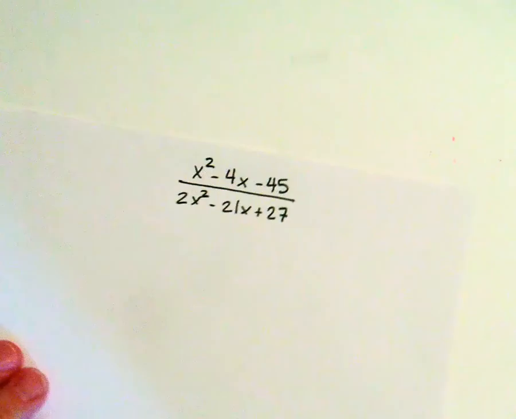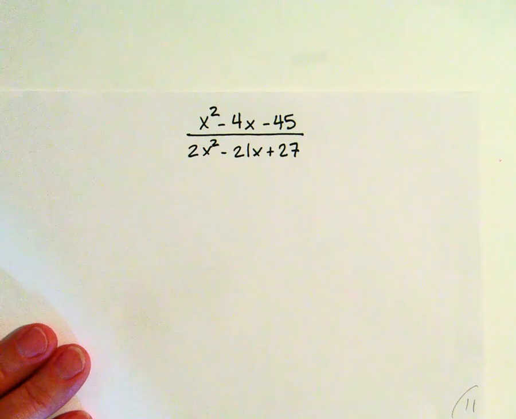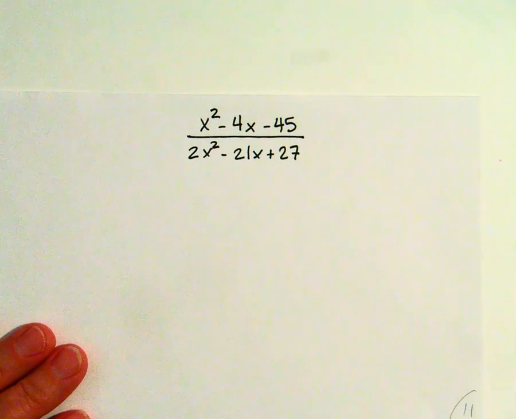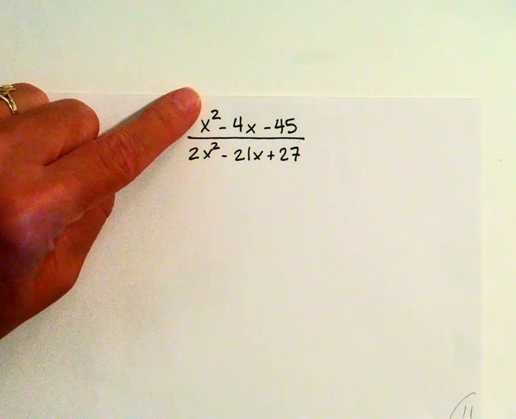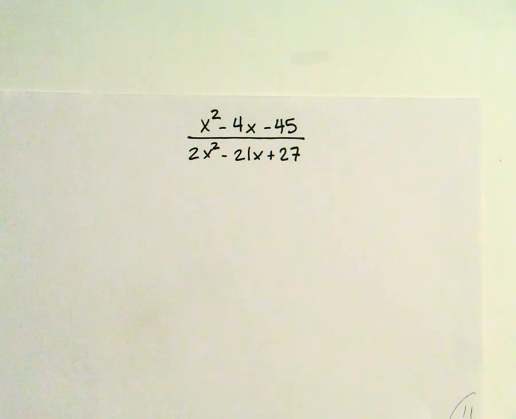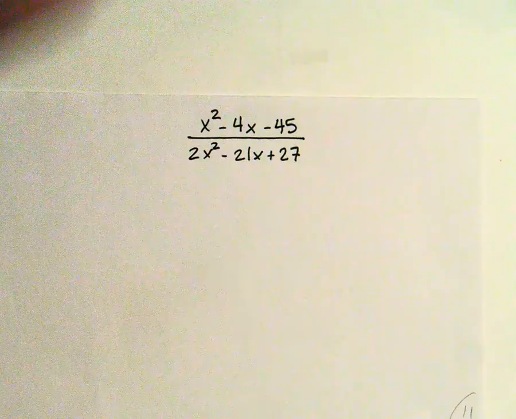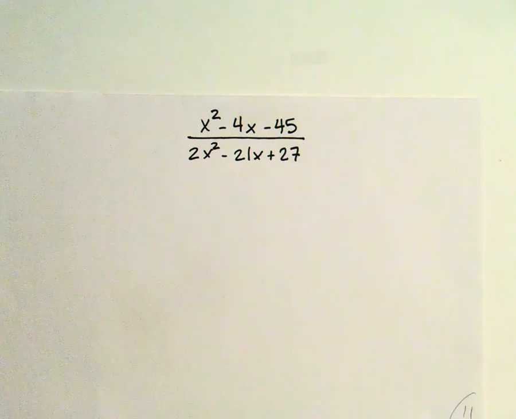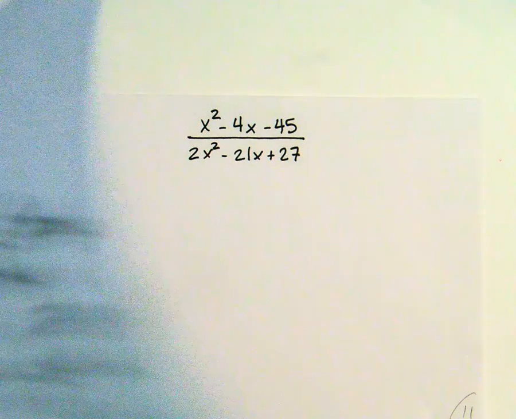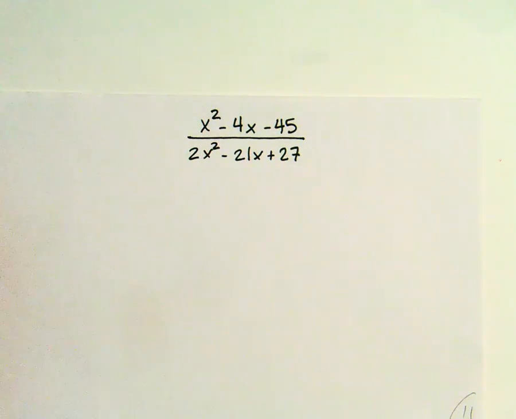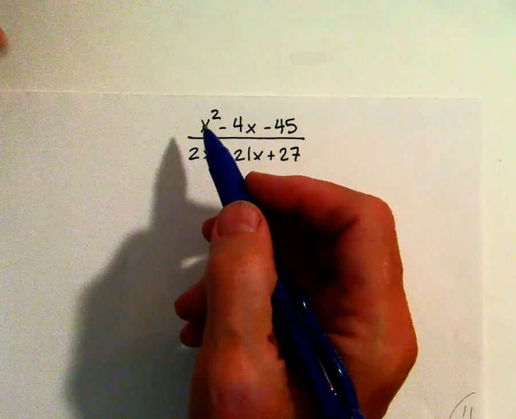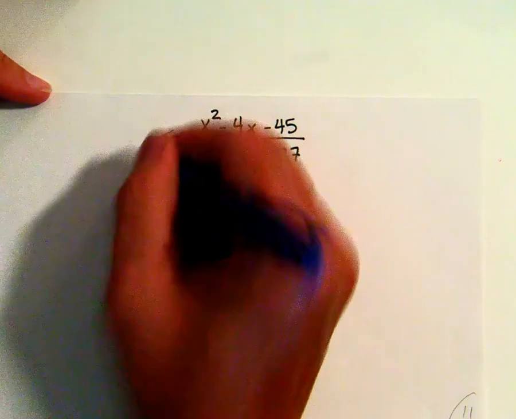Next up, one more step. Oh my, that looks pretty messy. Both the numerator and the denominator are quadratics and they're not factored. So that's going to be a pain to mess with. Let's see, how are we going to start? Well, I'm going to start with the numerator. Okay, the numerator.